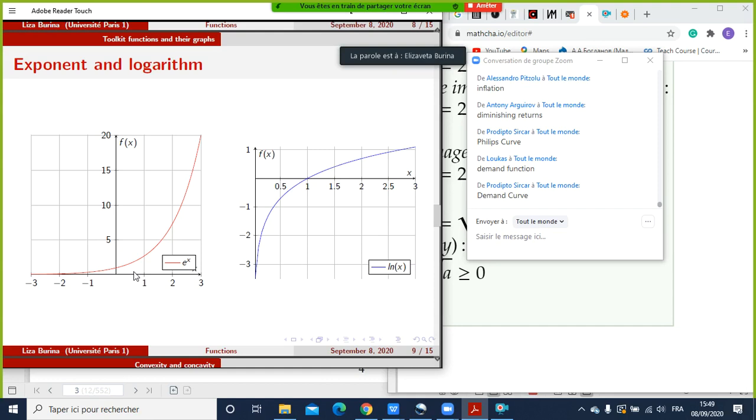For the logarithm, it is the other way around. The range is from minus infinity to plus infinity, but the domain is positive numbers only. Zero is not included in this case because x cannot be equal to 0.